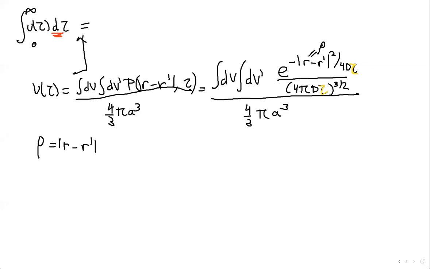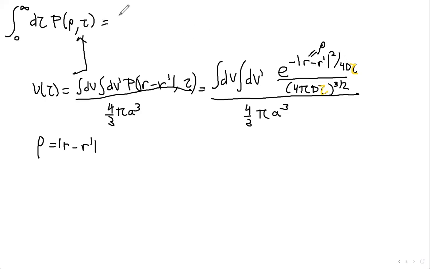What I will do first, which is easier, is to keep this constant for later, and first integrate just this one. So here I will do first the integral from 0 to infinity of d tau p rho of tau. Okay, so I'm taking this and integrating it over tau.